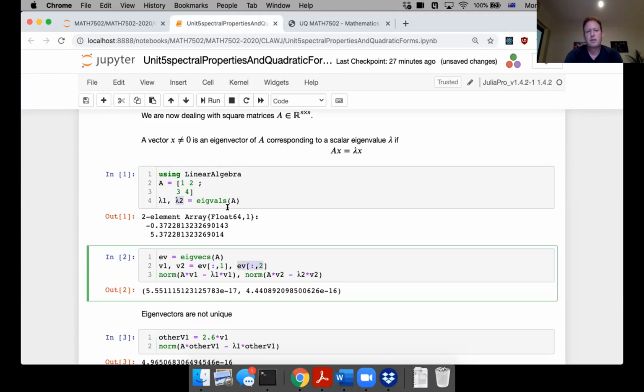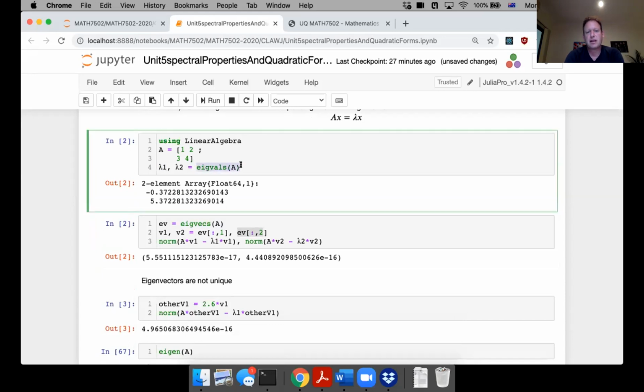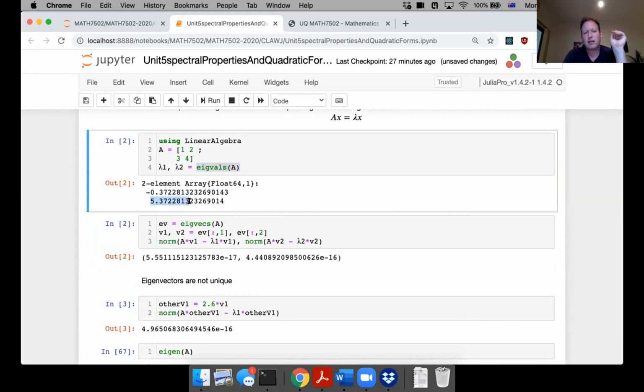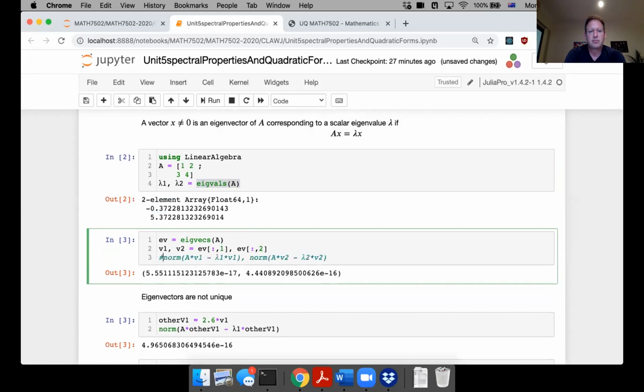Here I'll run it again. So you see, if I just do eigvals, I actually get a 2-element array. Now lambda 1 is the first eigenvalue, and lambda 2 is the second eigenvalue. And if I run this, let me do this in several steps.